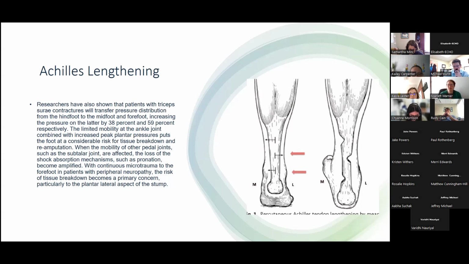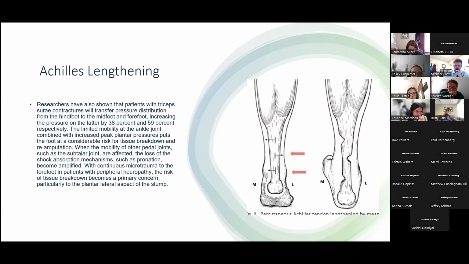So as you can see, when patients don't have that lengthening performed, they have almost a 20% increase in pressures to the forefoot, which can lead to incision breakdown, wound breakdown, all that kind of stuff. And it can end up with further surgeries or infections.